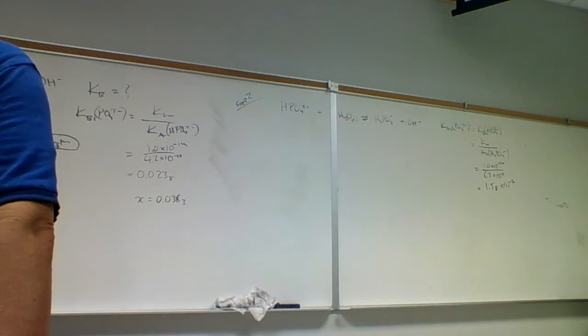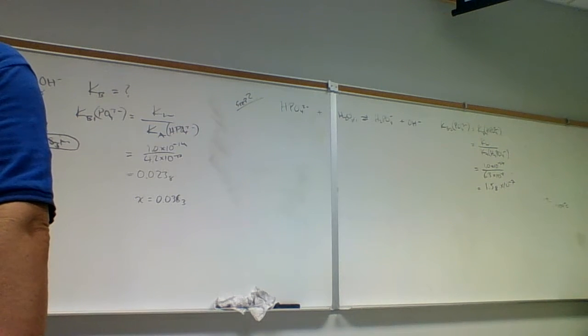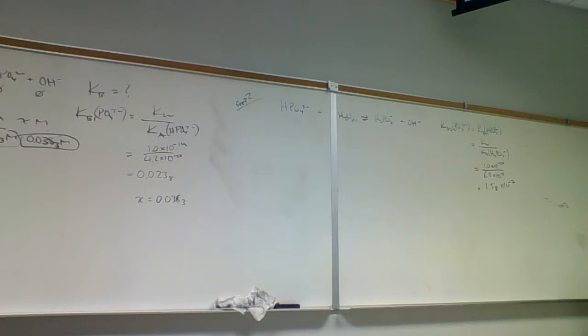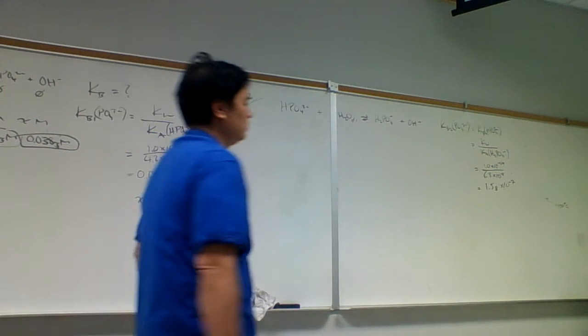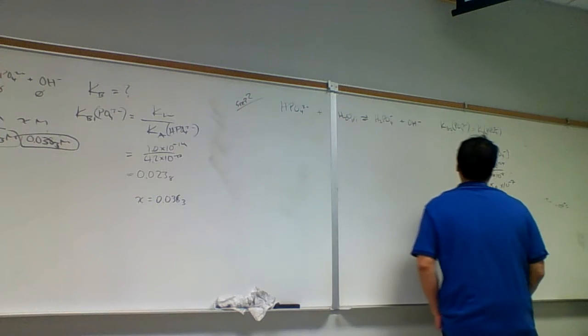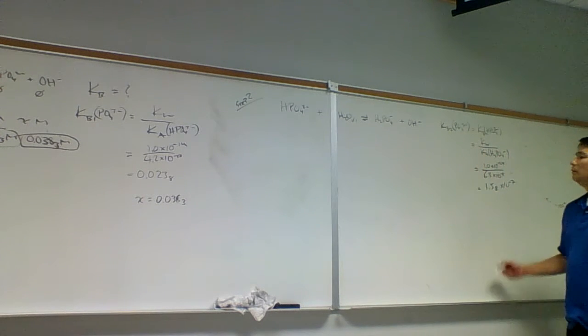But most of the Kb values aren't given because they just use the conjugate relationship to figure out all the Kb values. And so we only see one table typically, and that's a Ka table. There's no reason to actually print out a second Kb table.